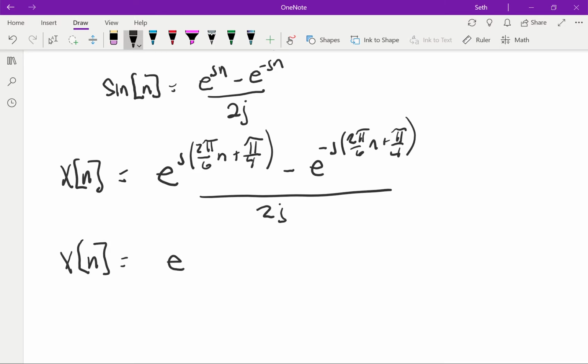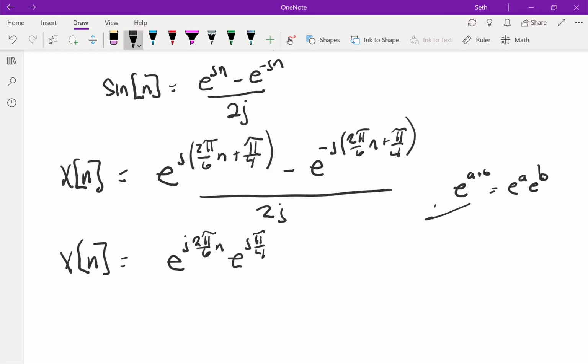This is just using the properties of exponents, and that's because e to the a plus b equals e to the a times e to the b.